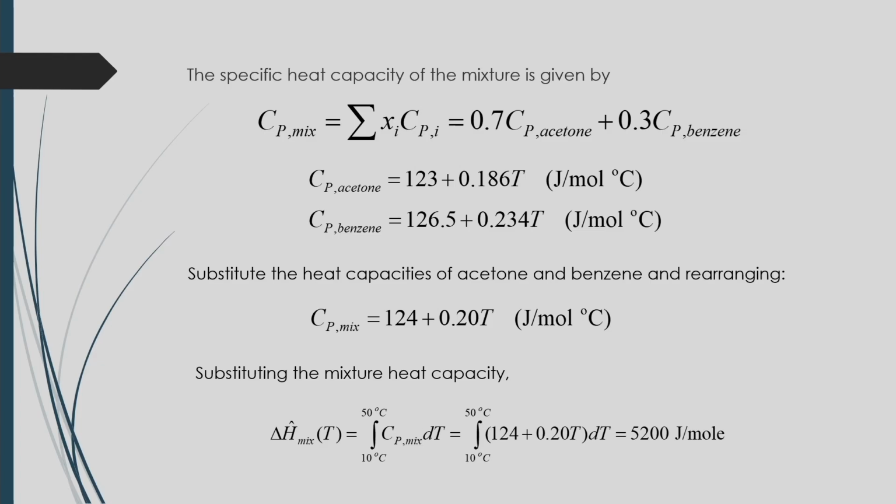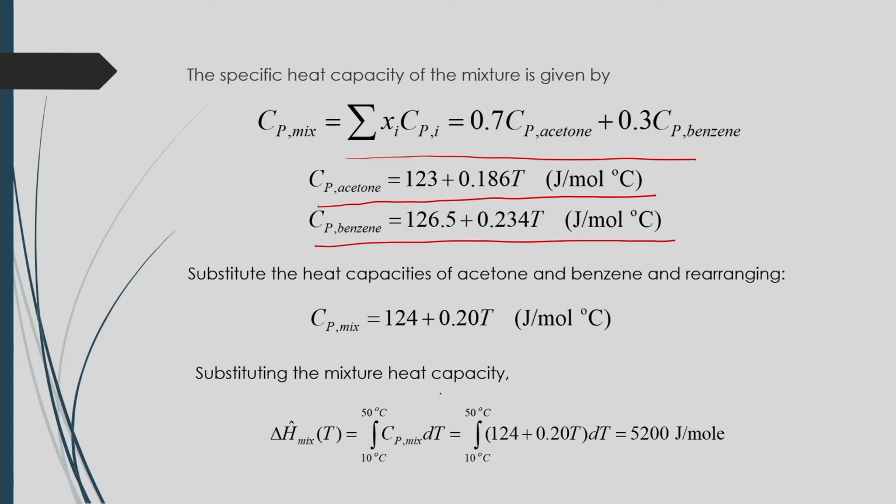Now, you have to calculate the Cp mix, the specific heat capacity of the mixture, which is given by this equation here. Cp of acetone can be calculated based on this equation, and Cp of benzene based on this equation. After substituting the heat capacities of acetone and benzene and rearranging, we get this Cp mix.